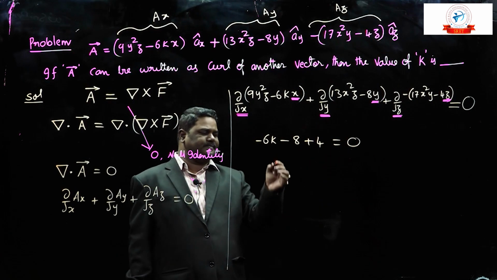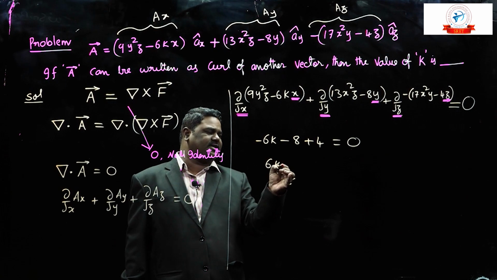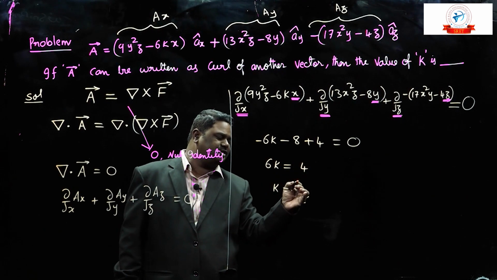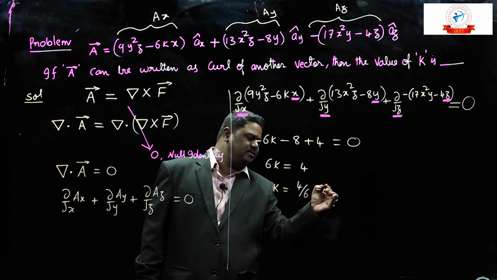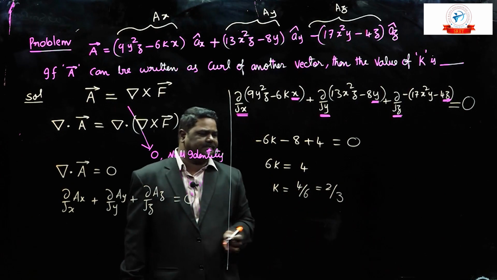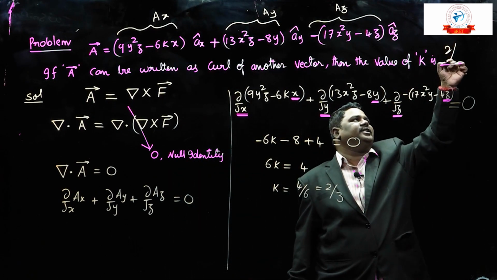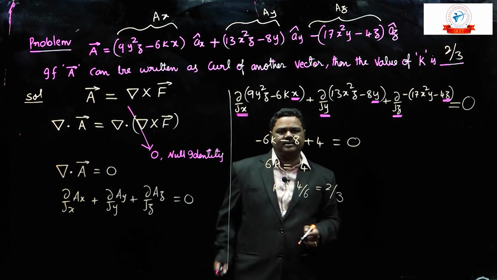Then 6k is equal to 4 and k is equal to 4 by 6, or 2 by 3. So the answer is 2 by 3. The k value is 2 by 3.